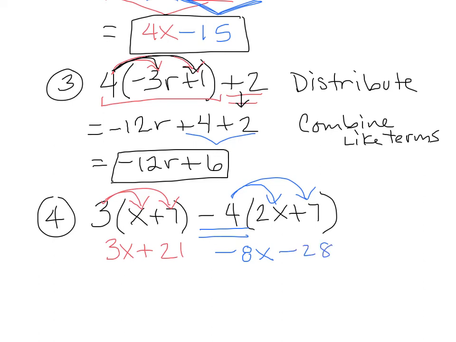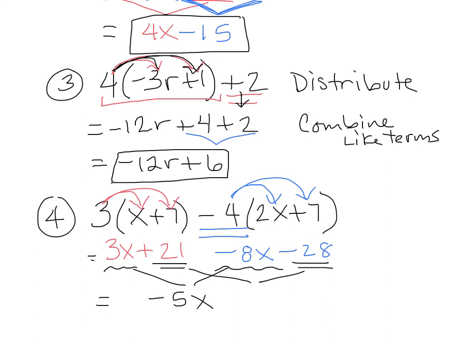Now we have 4 terms, and we need to combine like terms. So we've got 3x and negative 8x, right? Those combine here to negative 5x. And then we've got this positive 21, negative 28.